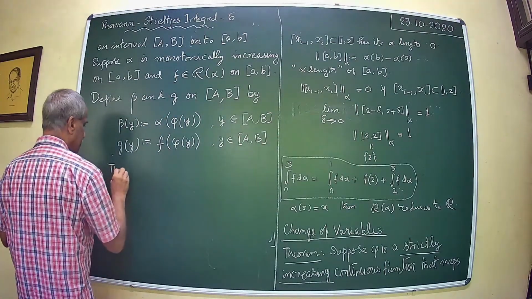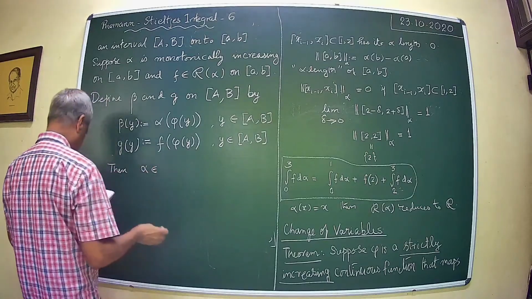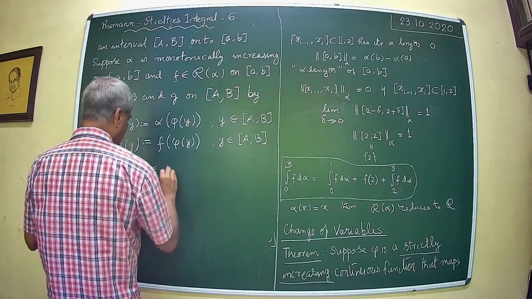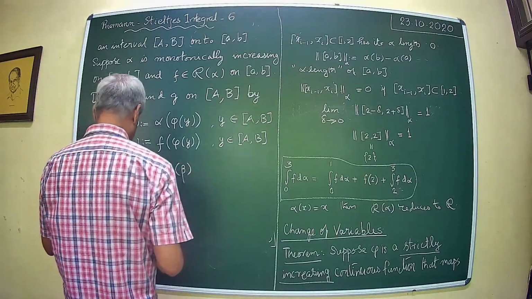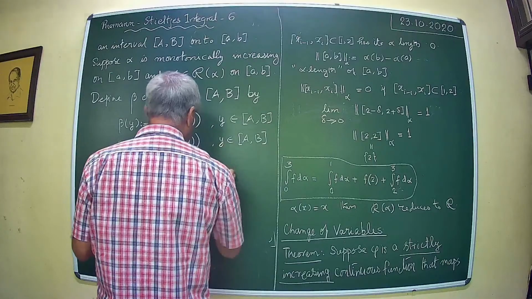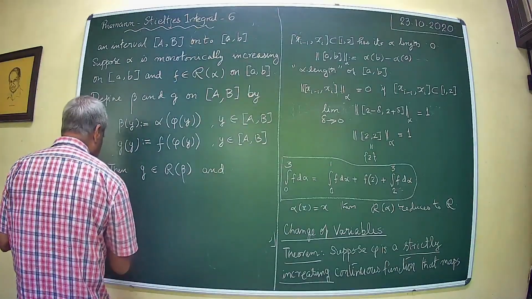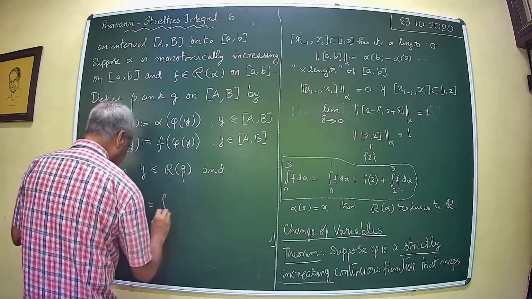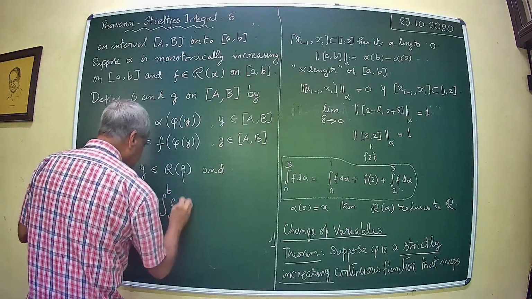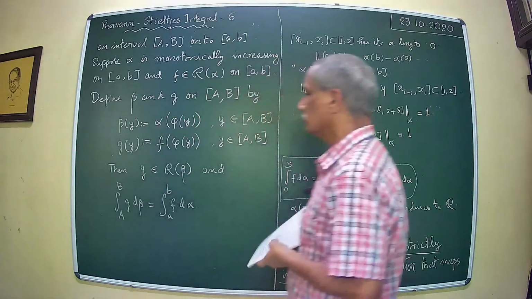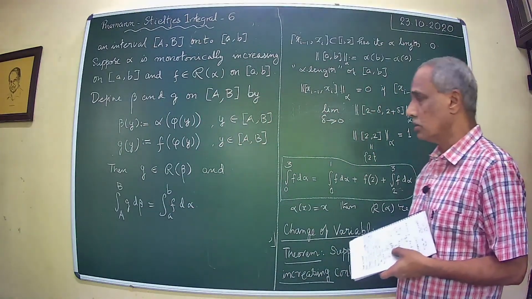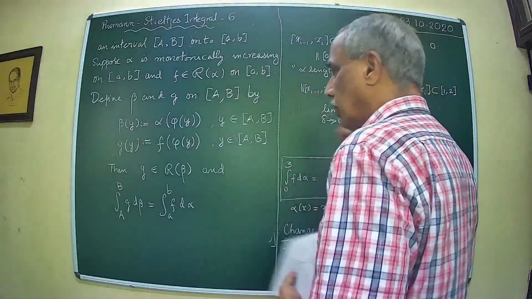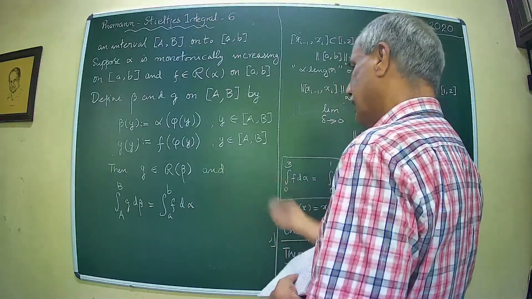Then g belongs to R beta and integral A to B g d beta equal to integral a to b f d alpha. So you can go over to a new interval and work out the integral. You end up with the same.